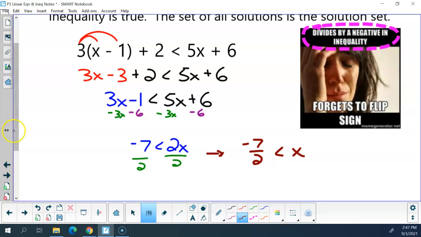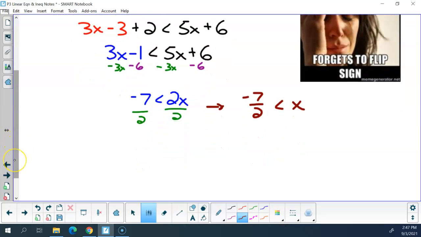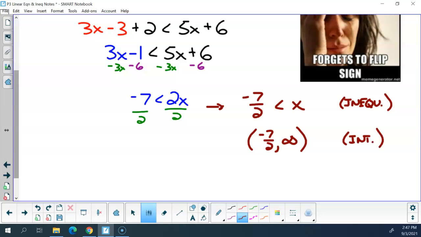So the solution, this would be the inequality. This would be the interval. This would be the graph.